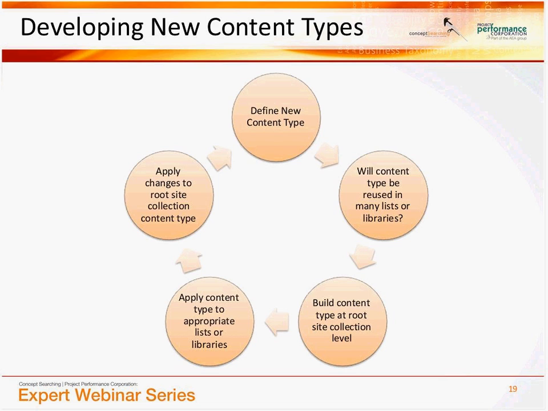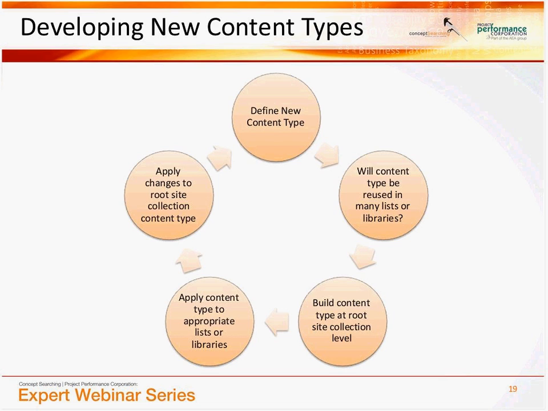If this is a yes, then you can go ahead and start building out the content type, what the settings are going to be, what features it needs to have, and what metadata will be associated with it. Then you apply that content type across your SharePoint site collection and make sure that it's added to the list or the library that it's intended to be associated with.